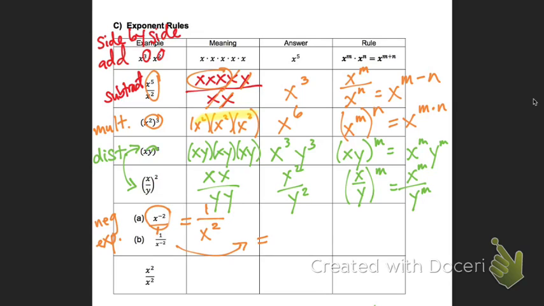What would this equal? x squared. Awesome. So the rule is you're going to move negative exponents to be positive. That's a plus sign. I might write the word positive.